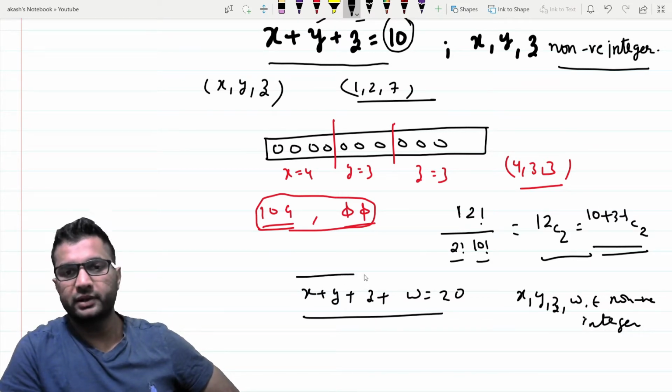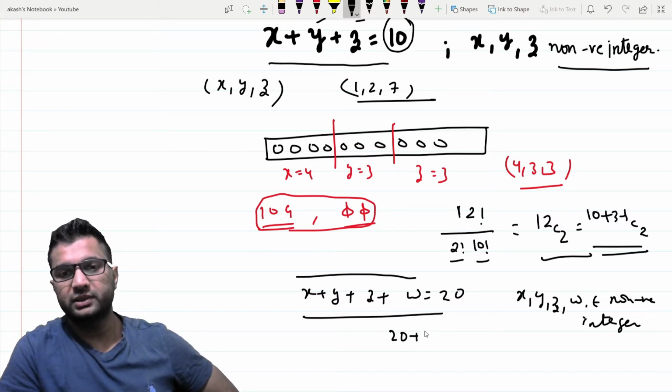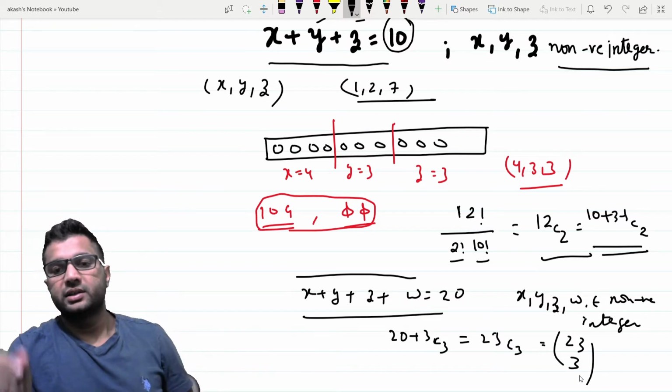We have four beggars, so we just need to add three dummy coins. My answer will be 20 plus 3 C 3, one less dummy coin than the number of beggars. So the answer is 23C3. Some books have the notation written like this: 23C3.